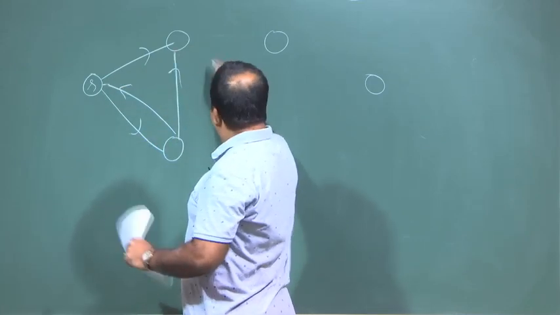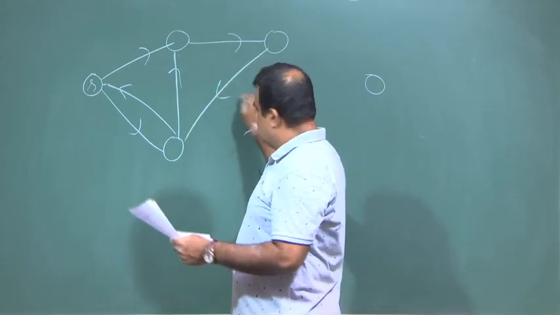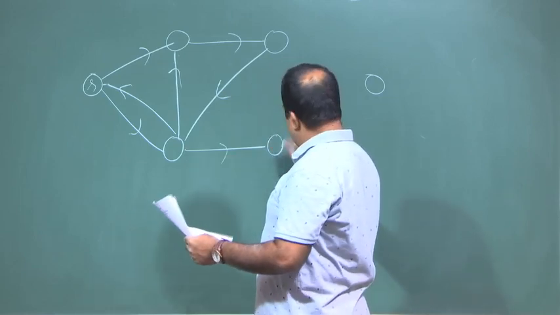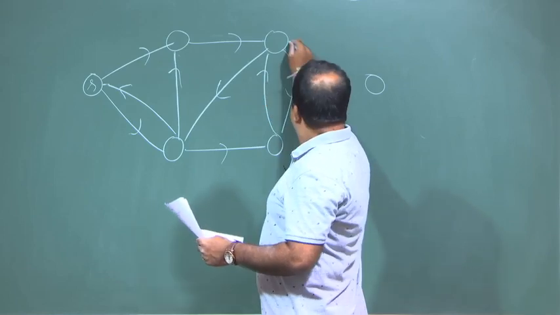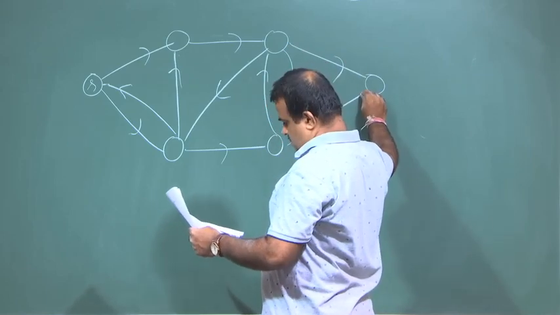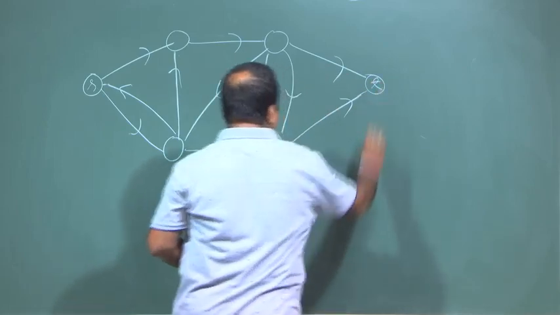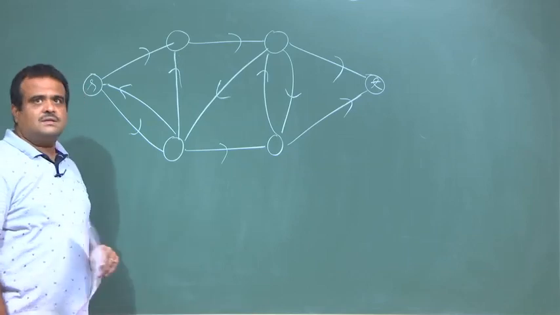This is a directed graph. These are the vertices. These are the edges. So, we have a, then we have here, then we have an edge over here, an edge over here. Okay, so, this is the sink. This is the source, that is the sink, and this is the directed graph.